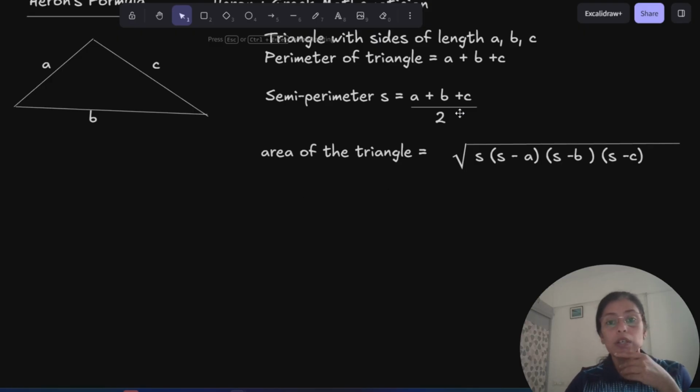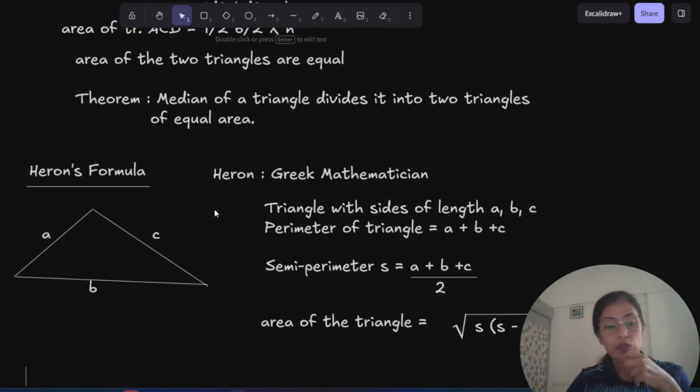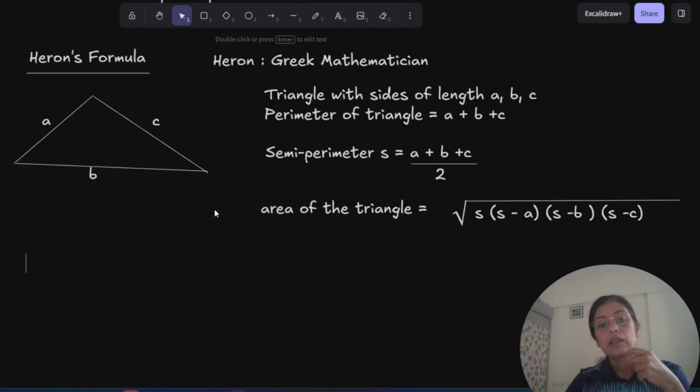Now, let's see this in practice, right? We had already seen what the area of an equilateral triangle is. We did not cover it using the formula we derived earlier.